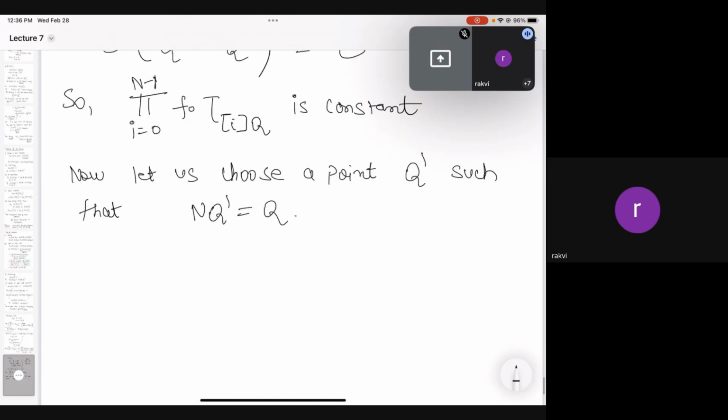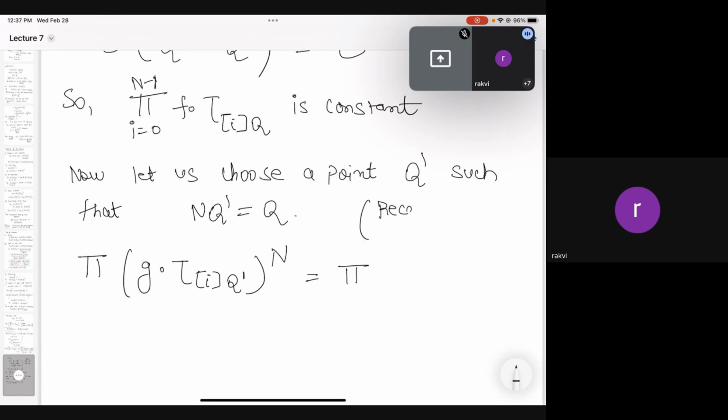And now let me look at this product. So the product of G composed with tau i q bar, to the power n. So this will be basically the product of, remember, G and F are basically the same as last time.